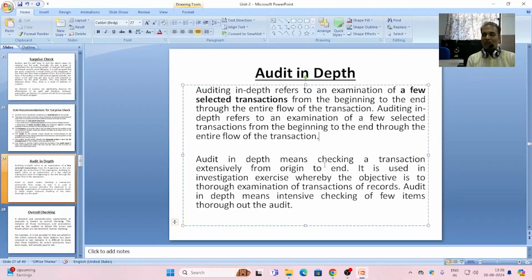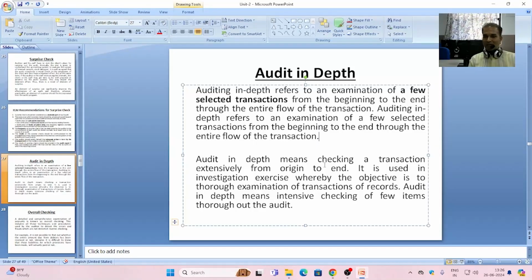Origin means when it has been recorded in the primary books of accounts, followed by the steps of posting, ledger, trial balance, and up to its end when it shows in the financial statements with the help of profit and loss account and balance sheet.